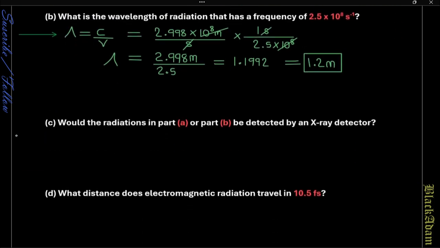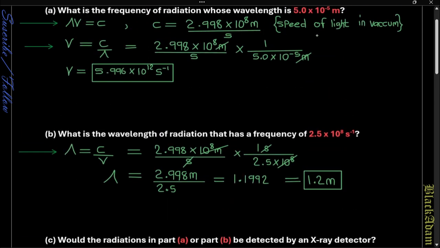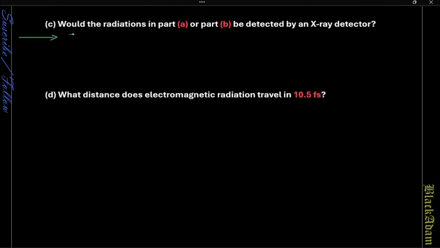For C, they want to know if the radiation for A or B can be detected by an X-ray detector. So an X-ray detector has a frequency. That's the frequency that we are given for A, and that's the frequency for B. And then we know that X-ray frequency has to have a power of 18, and neither of them has 10 to the power 18 as part of their value.